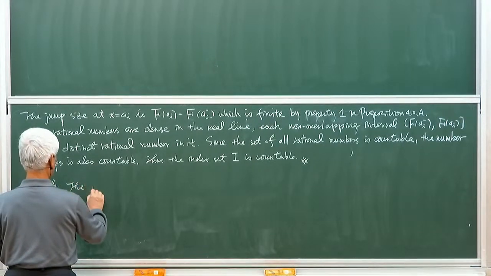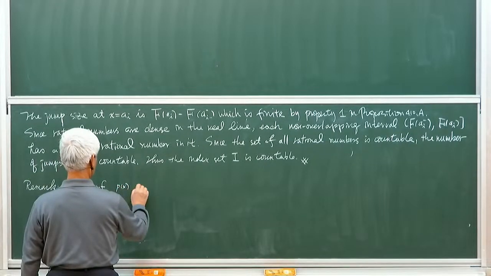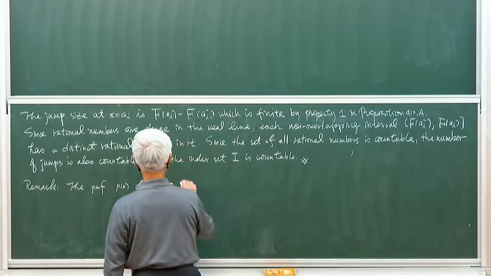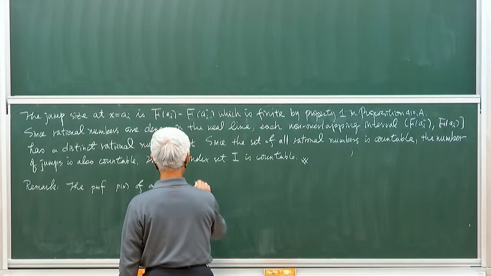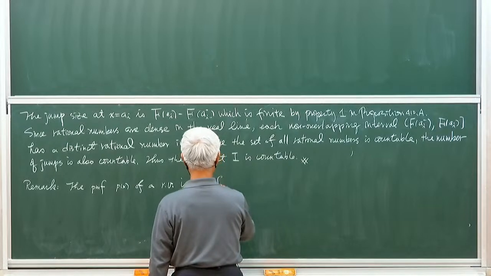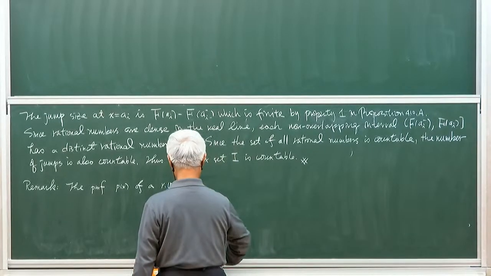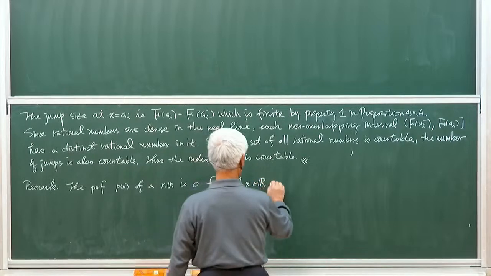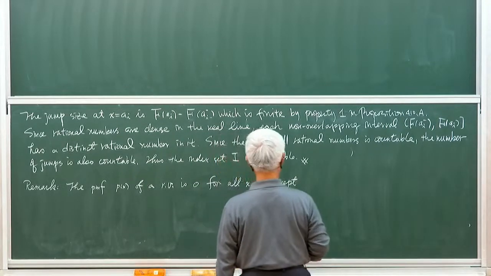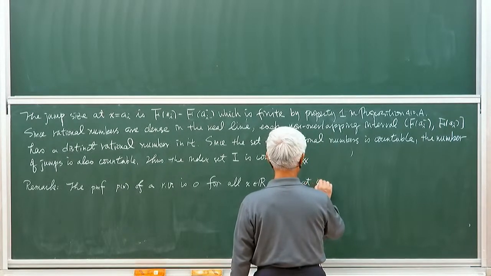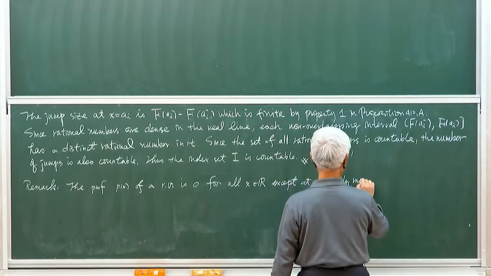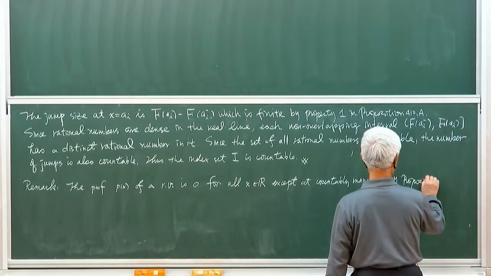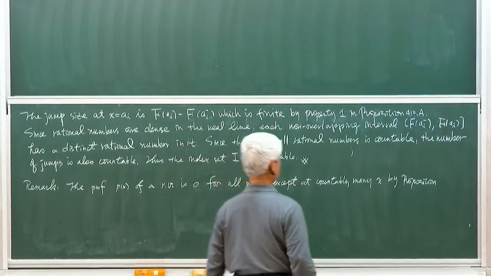The probability mass function, p(x), of a random variable, not necessarily discrete, just a random variable, is 0 for all x in R, except at countably many x, by proposition 5.1.8.